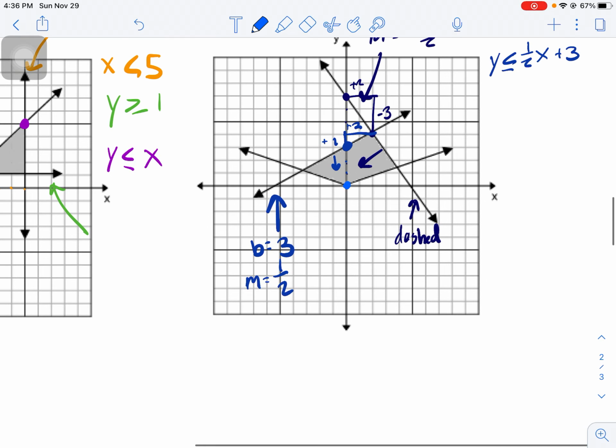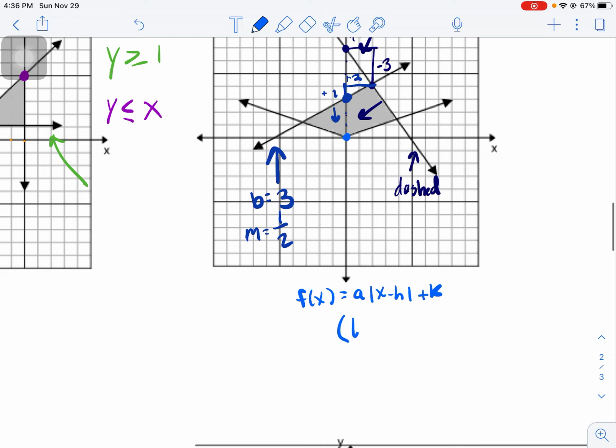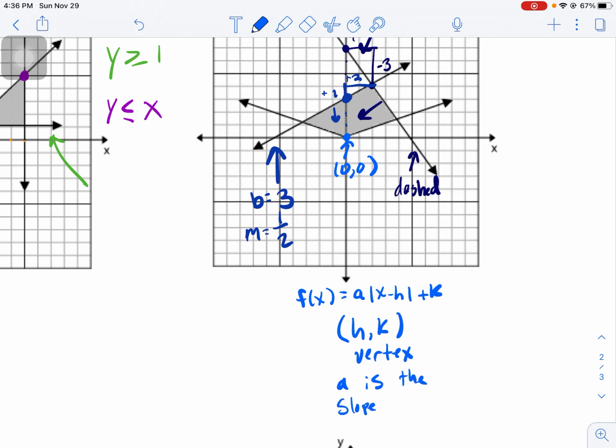Just a reminder of what absolute value transformation form looks like: f of x is equal to a, our a value out front, times the absolute value of x minus h, and then our k value is outside. H comma k is the vertex. In this case, the vertex is 0, 0. A is the slope of the line.